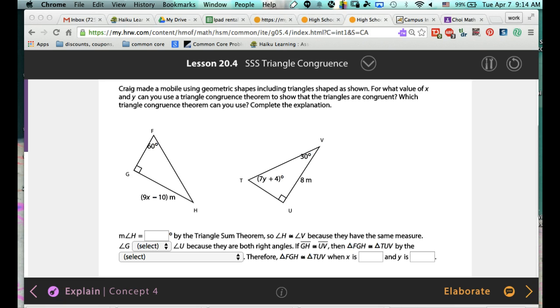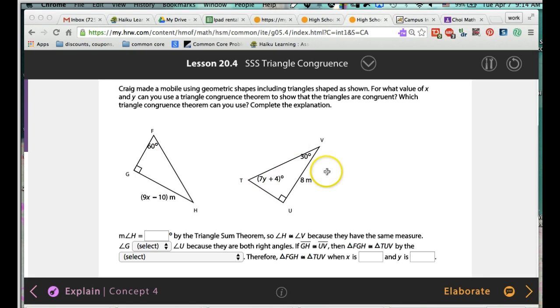Okay, so Craig made a mobile using geometric shapes, including triangle shaped as shown. For what value of x and y can you use a triangle congruence theorem to show that the triangles are congruent? And then you gotta complete all of this stuff. And so just looking at the two triangles, let's take a look, guys.